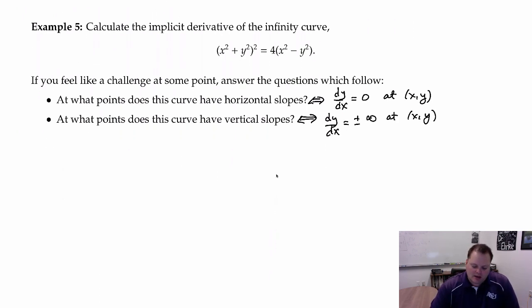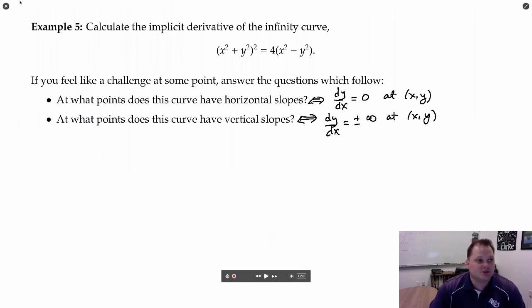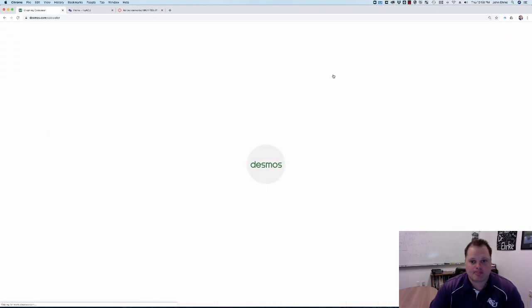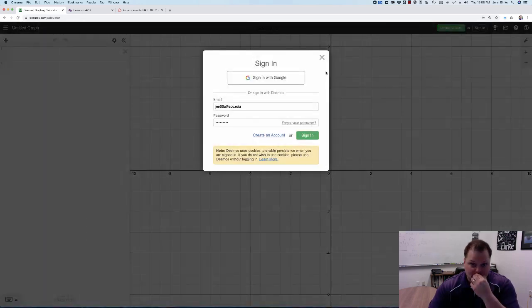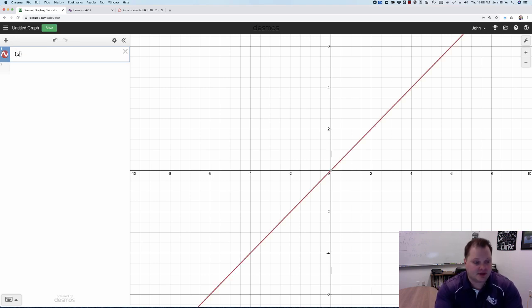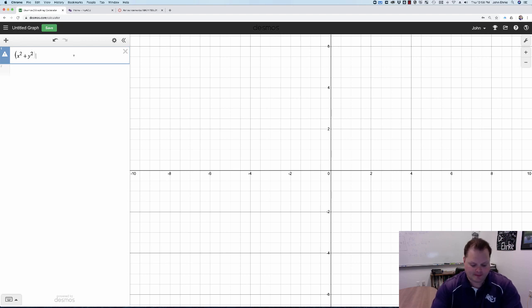Okay, in case you're wondering what this curve looks like, let's hop over into Desmos real quick. So in Desmos, here is the curve that we are currently calculating. If you want to enter implicit curves into Desmos, you just enter them exactly as they show up.